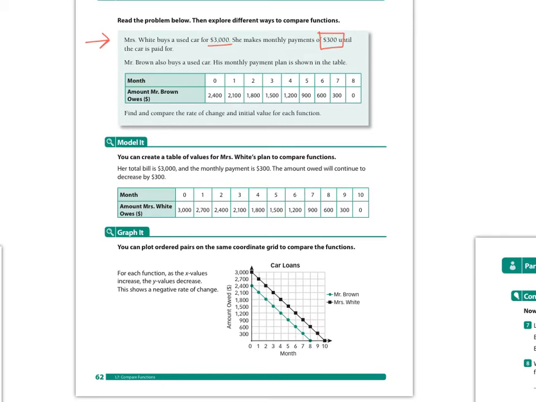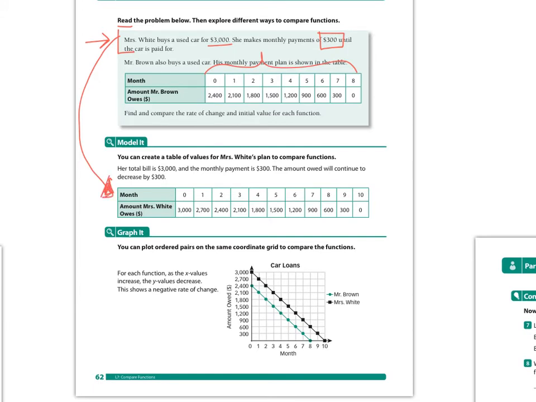Right? For Mr. Brown's, I've got a nice table here. I don't have anything for Mrs. White other than the fact that, hey, the car was $3,000, initial value. She makes payments of $300 on it. So what they've done, they've taken all of this info and they have already created a nice table for us here.